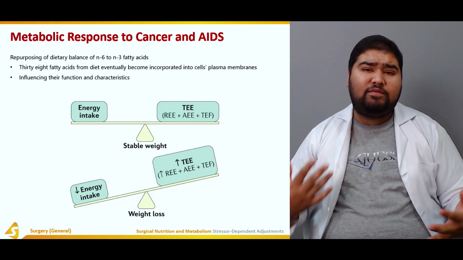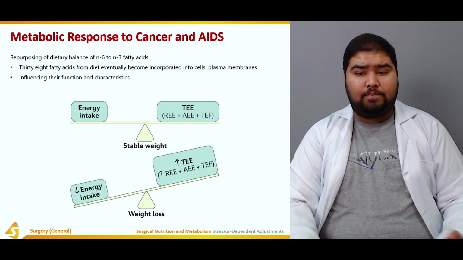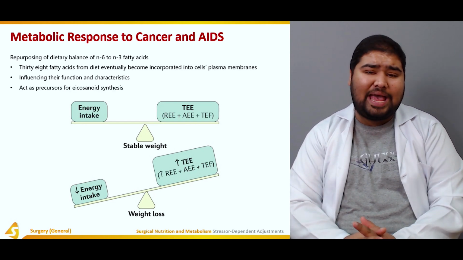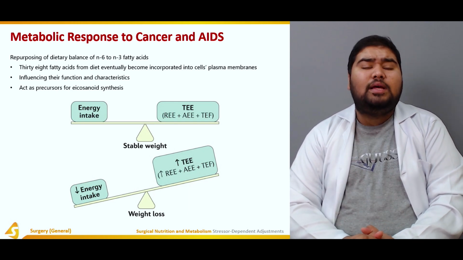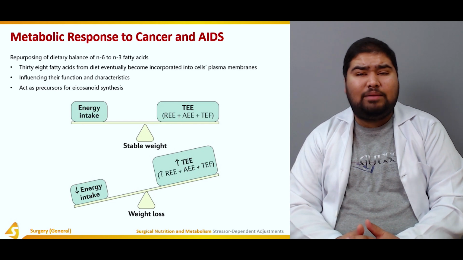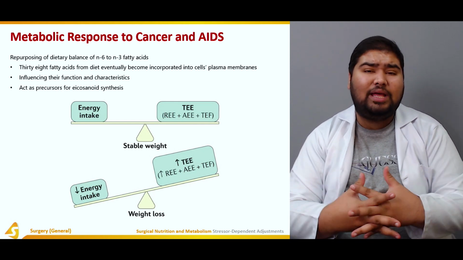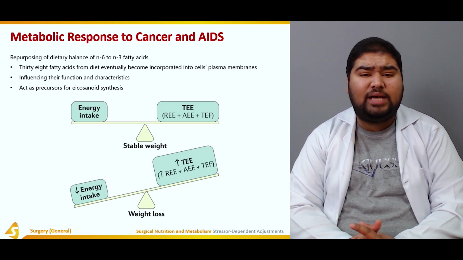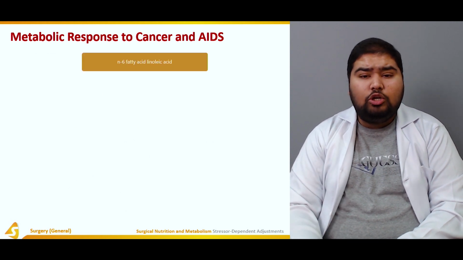They influence the functions and the characters of the cells in which they are being incorporated. They act as precursors of eicosanoid synthesis. This eicosanoid synthesis can be targeted, and this is how you can help with the change of the dietary balance of N6 to N3.